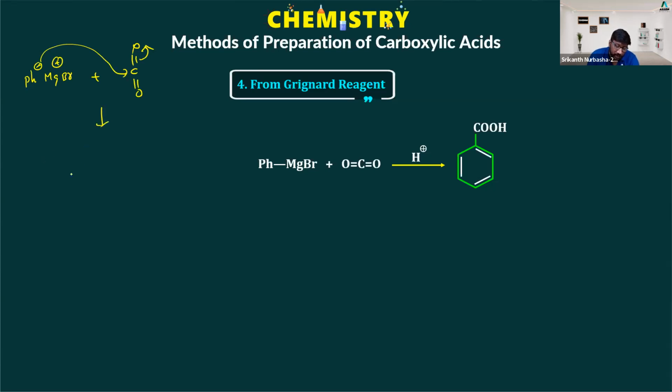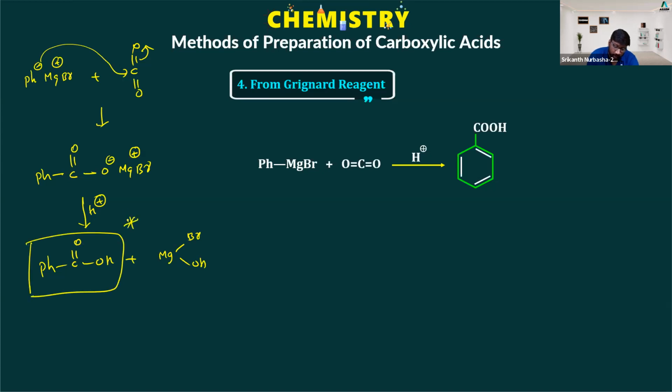So as soon as that reaction occurs, you get Ph connected to carbon, C double bond O, and carbon is also connected with O minus, and it will develop an electrostatic force of attraction with MgBr plus. And now we are doing the acidification. You will generate PhC double bond OH, and this MgBr plus will pick up OH from the water to form MgBrOH. So the respective benzoic acid is going to be obtained.